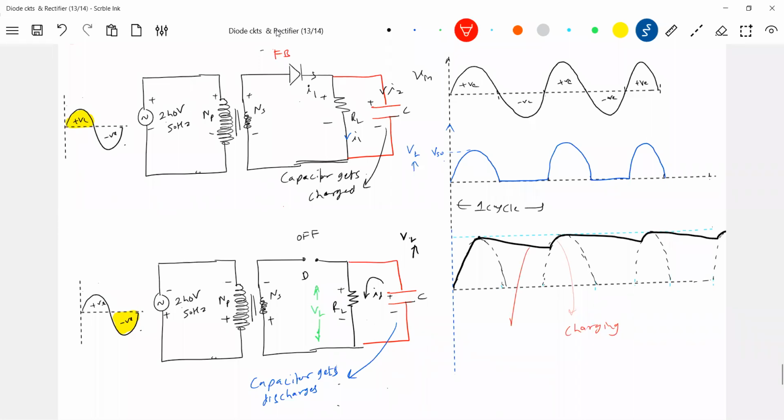And what about this? Discharging. Earlier it was horizontal, and now this is good, no? You compare this and this. This is without filter. What is the filter? The capacitor is a filter. This is with filter.